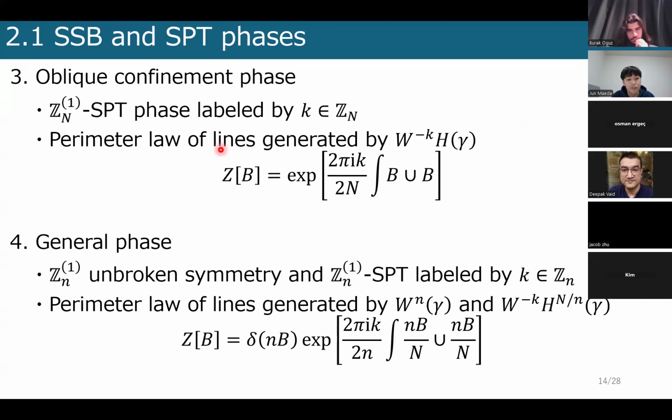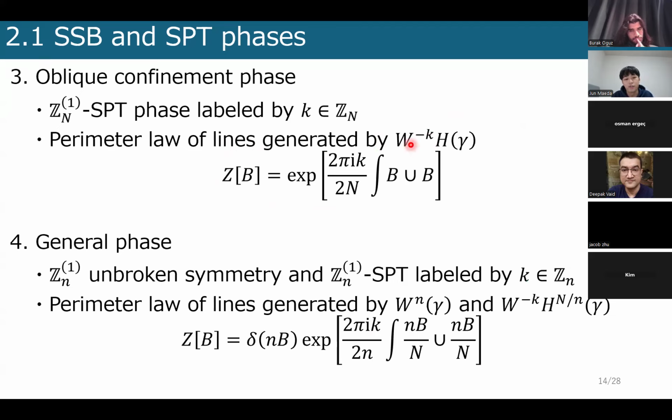So this phase is the one-form SPT phase labeled by some element of Z_N. And the twisted partition function behaves like this one, as I explained before. This phase is characterized by the perimeter law of line operators generated by this combination of lines.